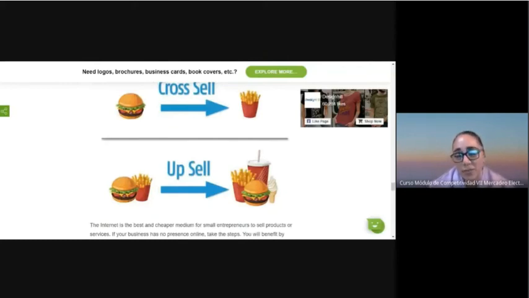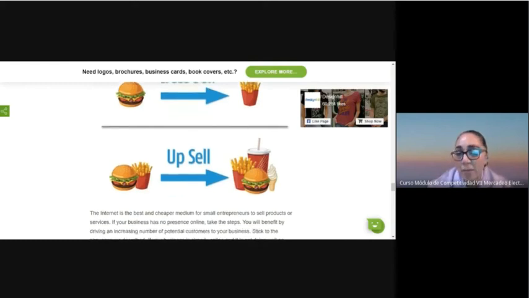A good strategy is to make combos of your products. If you are selling clothes, for example, you can make combos, or you can put a blouse, a skirt, and probably some shoes or accessories in the combo. So you're selling more products, and the customer is getting a better price.